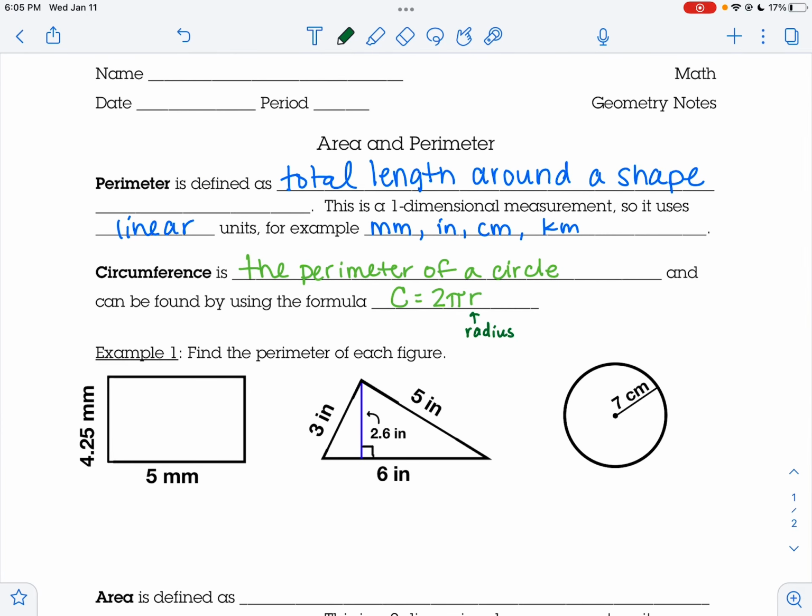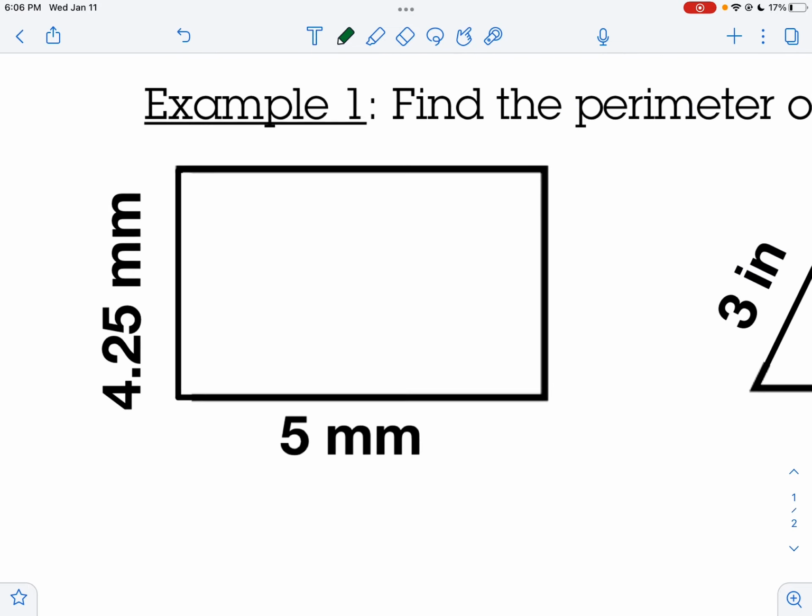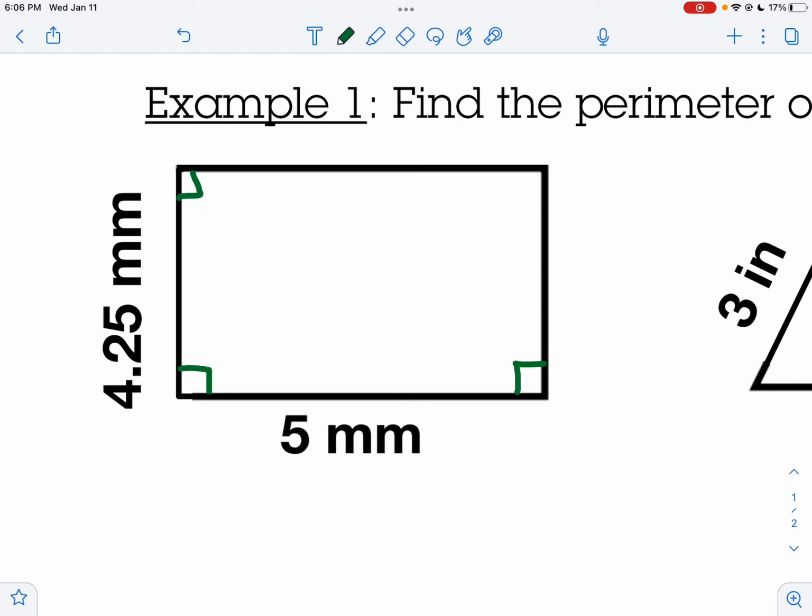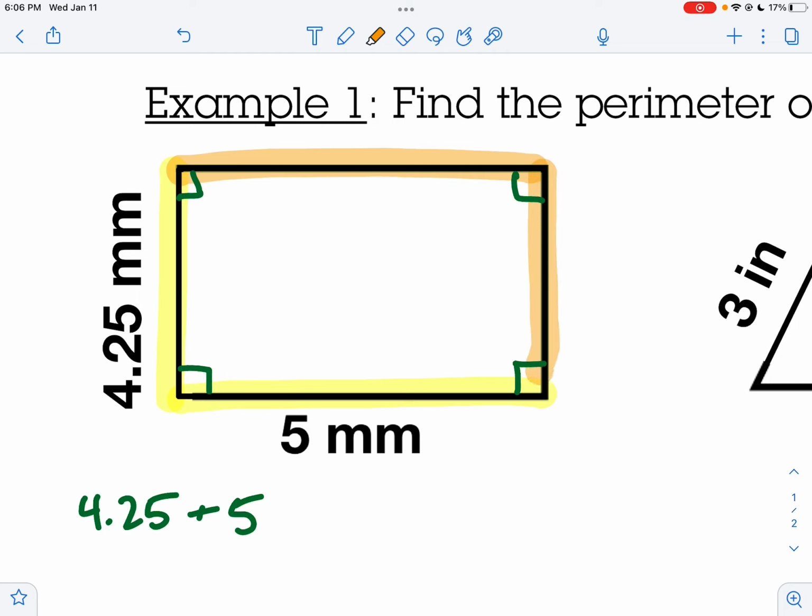So example 1, we're getting right into the examples. We're going to find the perimeter of each figure. On this one, this is a rectangle. Now it's not marked very well, but yes, this is a rectangle. And I need to know all the sides. So obviously we're going to use the 4.25, and obviously we're going to use the 5. But I need some way to have this side and this side.